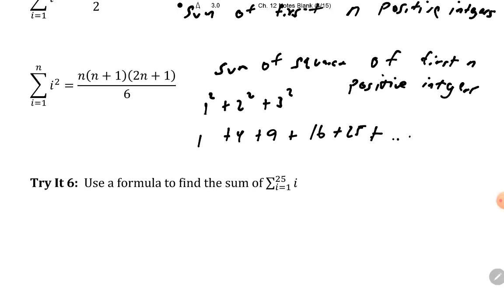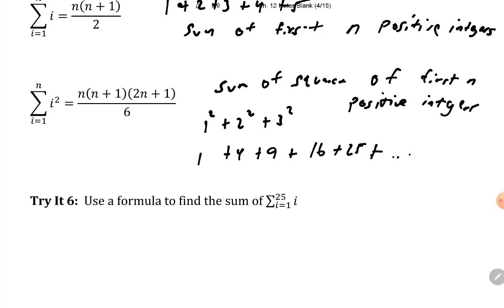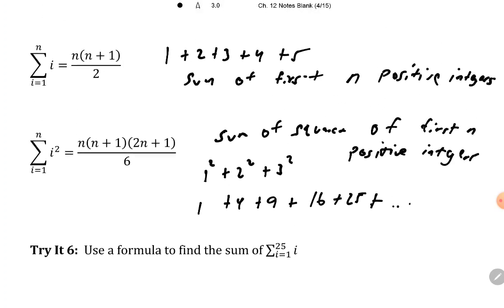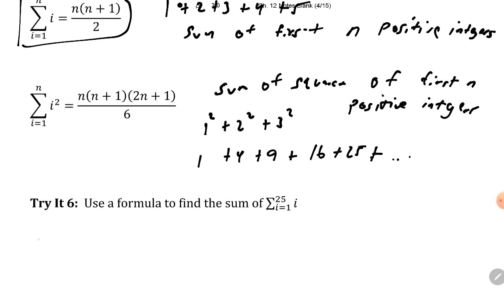So, for example, use a formula to find the sum of that one. So that's the middle one here. This is equal to n times n plus 1 divided by 2. Okay. So n is 25.